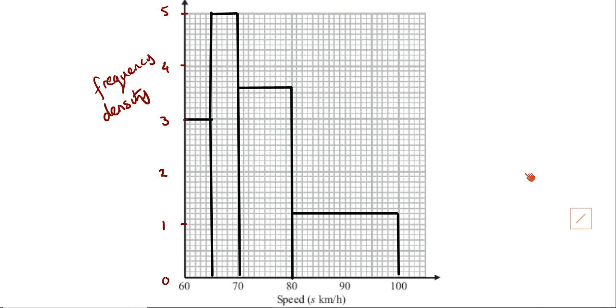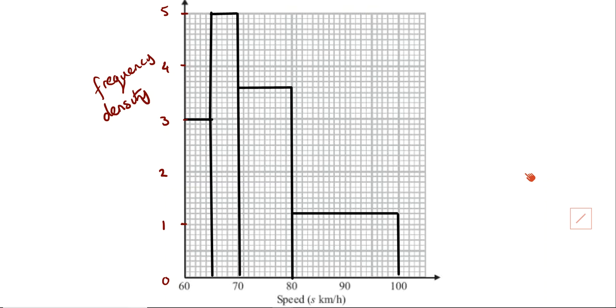What do you notice here? Which bar is your eye drawn to first? The tall one. Yeah, the 65 to 70. And it's because proportionally the number of cars in that group is higher than in the bigger group at the end.